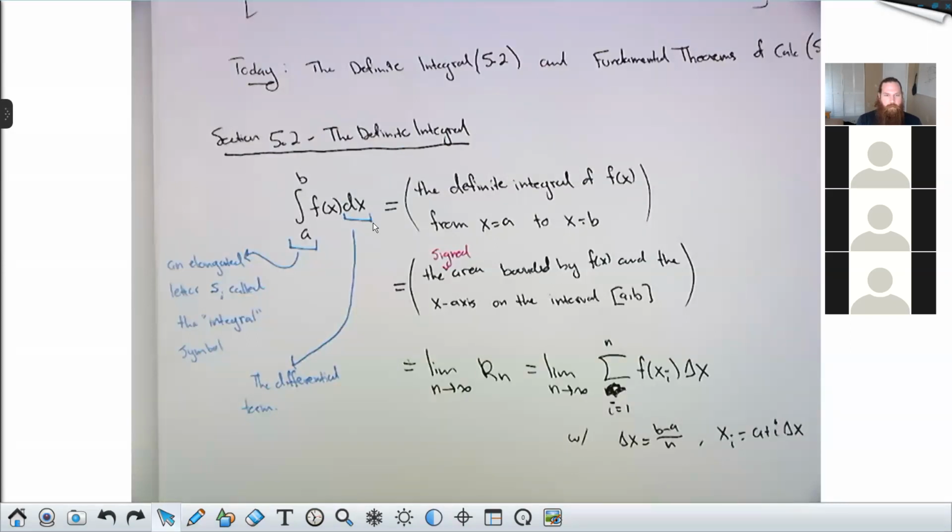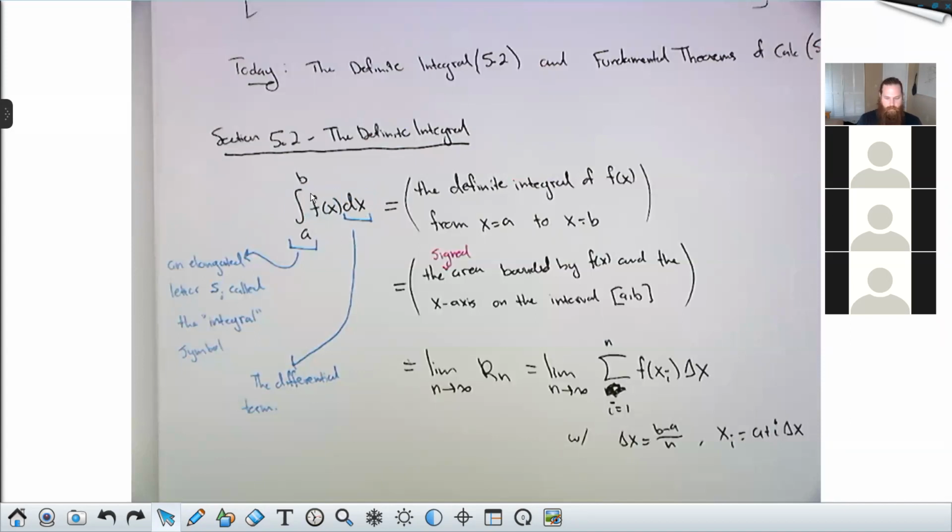But for our purposes, the dx tells you what you're integrating with respect to. Just like when you look at d over dx, that says differentiate this with respect to x, or d over dt says differentiate this with respect to t. Think of the dx for now as telling you what you're integrating with respect to. It tells you you're going to do this calculus operation with respect to this variable on this function.